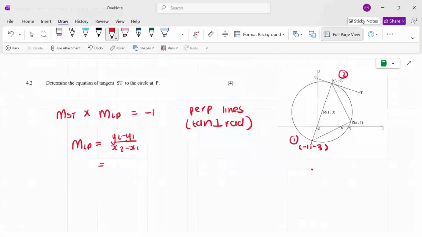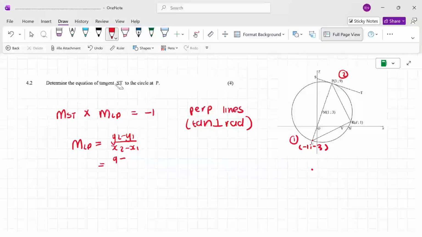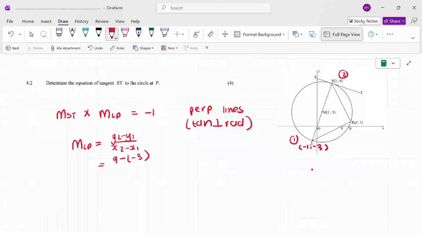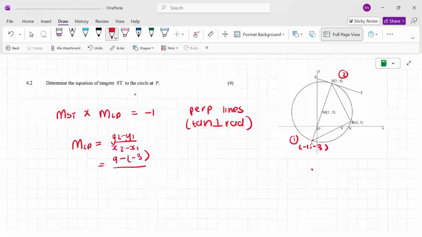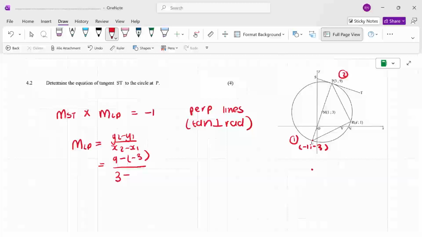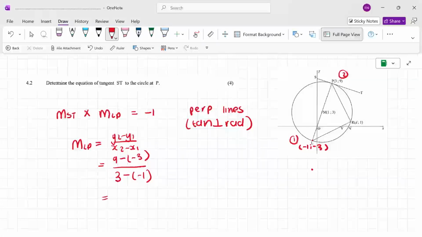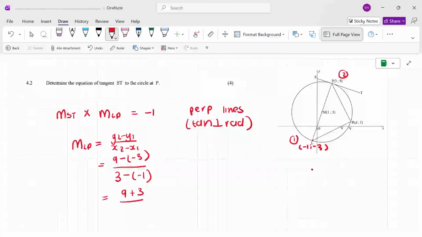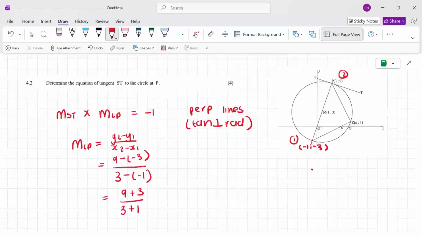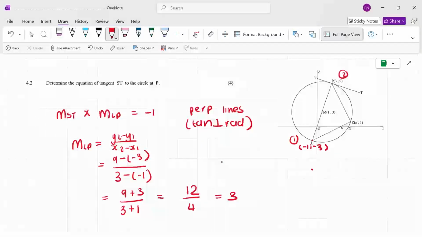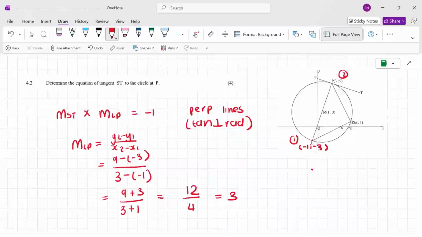That will be 9 minus 3 over 3 minus 1, right? So it ends up being 9 plus 3 over 3 plus 1, which gives me 12 over 4, which ends up being 3. So the gradient of PL is going to be 3, right?